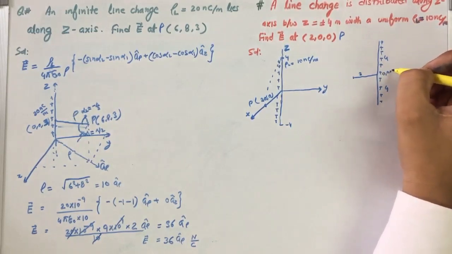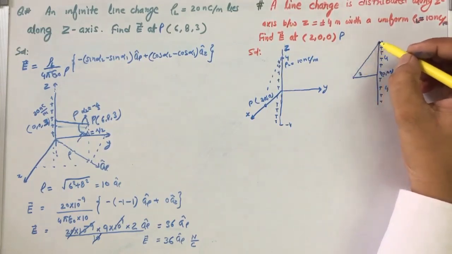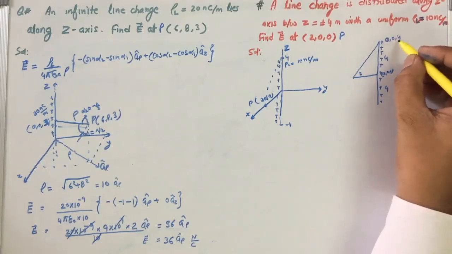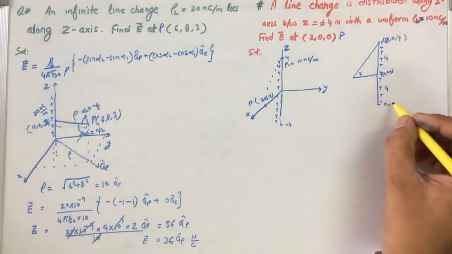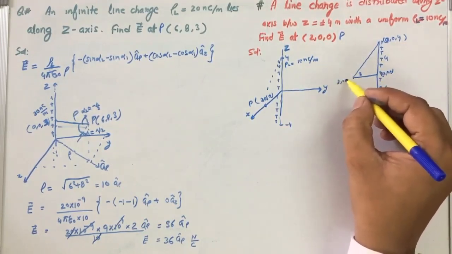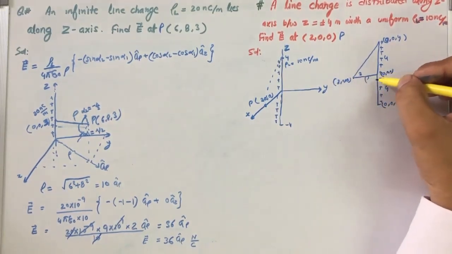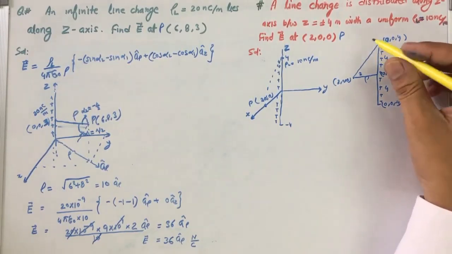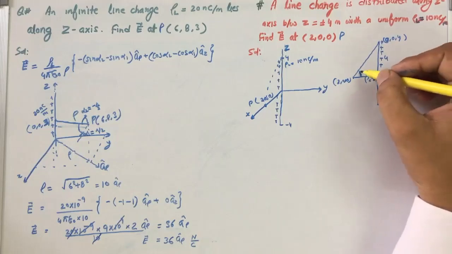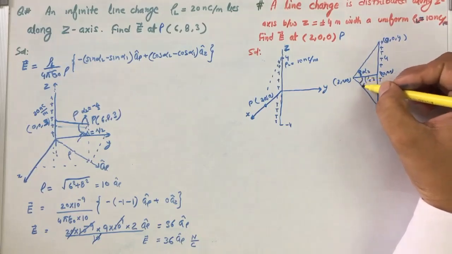This is 0 0 0, and this is 0 0 4, 0 0 minus 4. This is 2 0 0. This length will be rho, that is 2. This is 4, and this is our alpha 2, and this will be alpha 1.